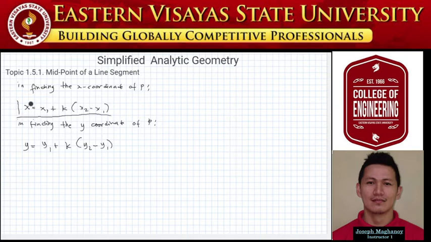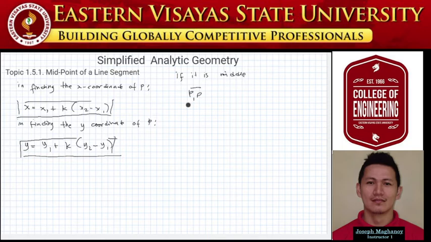So, the midpoint of the line segment. This is when the point of division lies exactly at the middle of the line segment. Based on our previous figure, the ratio P sub 1 P over P sub 1 P sub 2 is equal to k, which is 1/2.